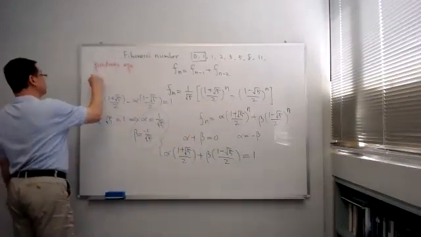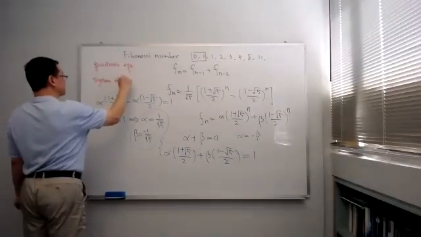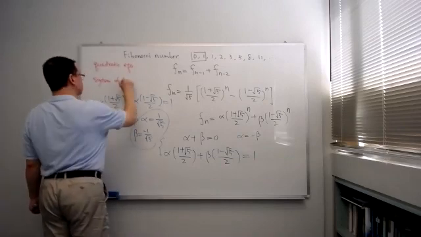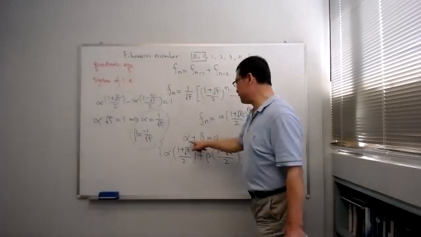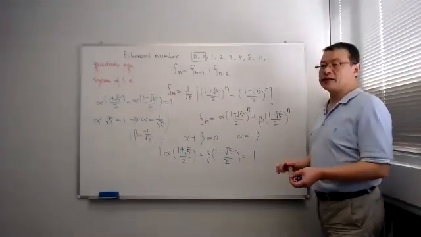Then a system of linear equations to obtain the coefficients of these two numbers. So basically, that's what we do in order to find the closed formula.